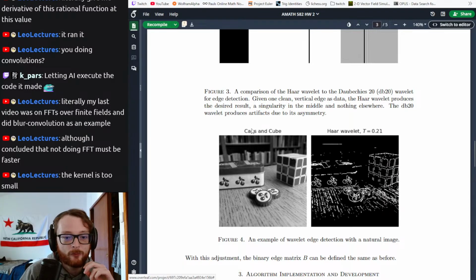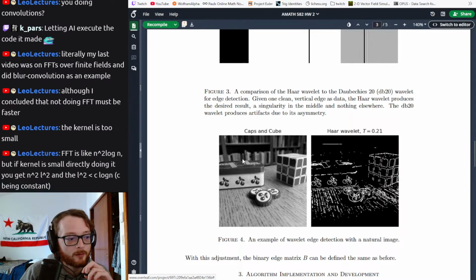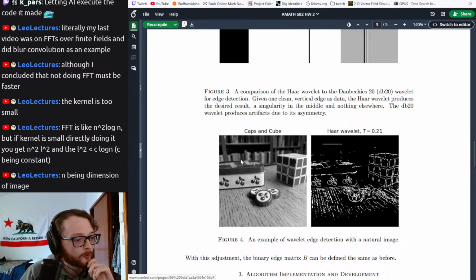But yeah, basically with wavelet transforms, edges in the image come up as singularities in the coefficients. And a wavelet transform is basically a Fourier transform, but localized in space or time. It's n log n for FFT. If the kernel is small, doing it directly gets n squared, or probably L squared.